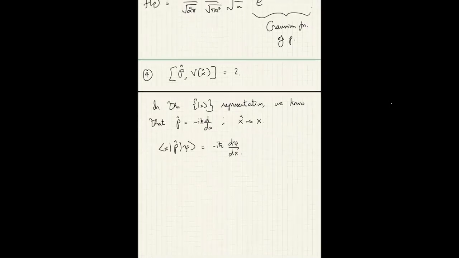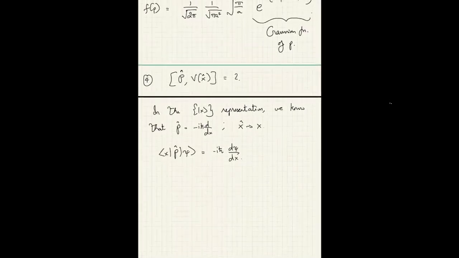Okay, all right. So let's work out the commutator by acting it on a test function. So I will substitute. Okay, so p, v of x, I will act it on some kind of test function.